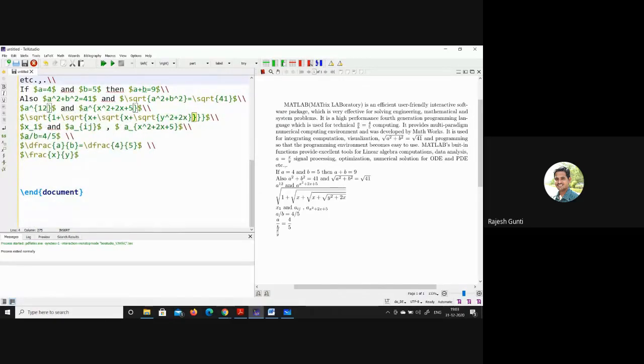So that we can easily identify, Control B. You can easily identify the difference between these two.